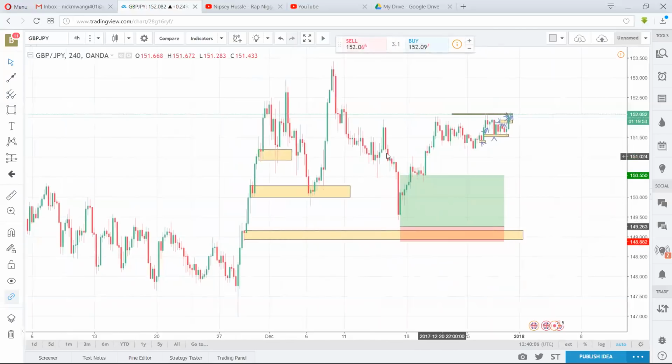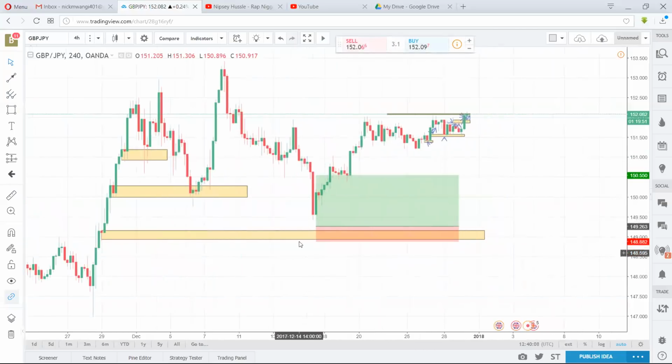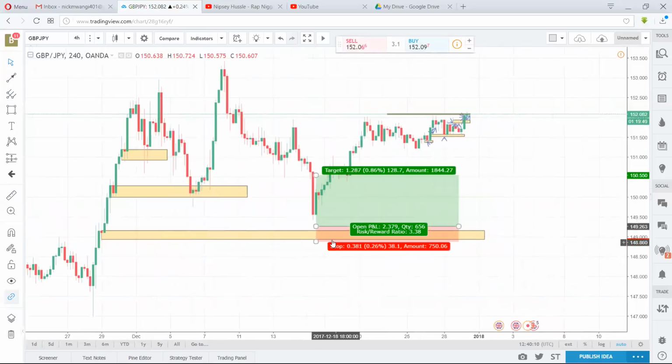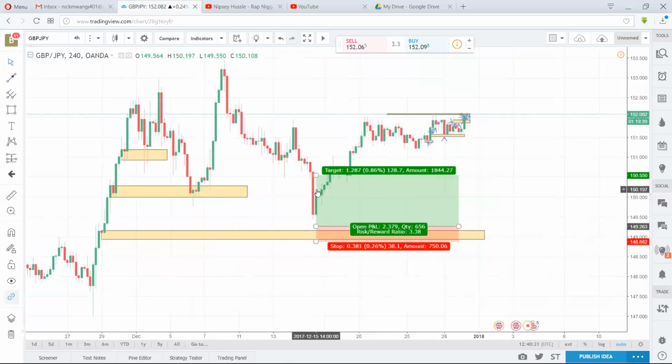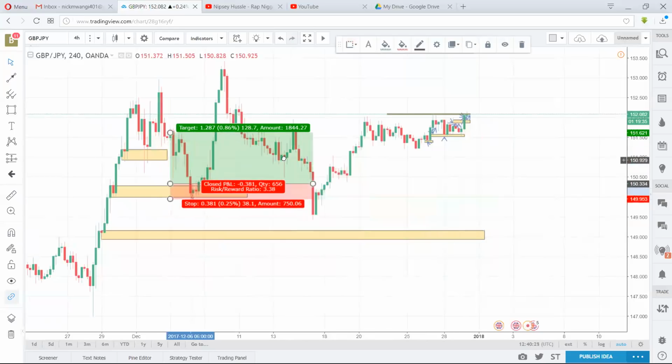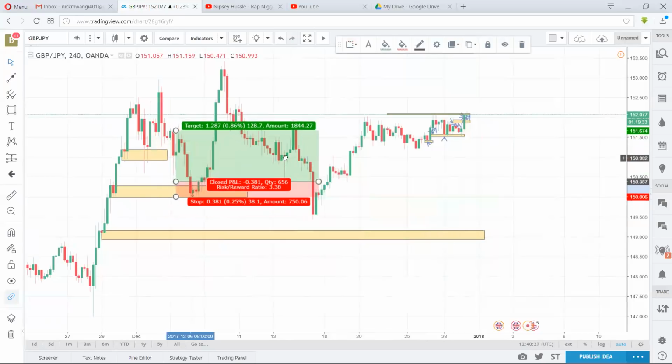I'd wait for the price to come, reject the zone, then form a bullish candle, and then I go up. Then the price would go up. And you see, definitely went up. Although this one didn't actually get to the zone itself, I know you guys get the memo. And it will be the same thing when it got here. So when the price got to this level, okay.